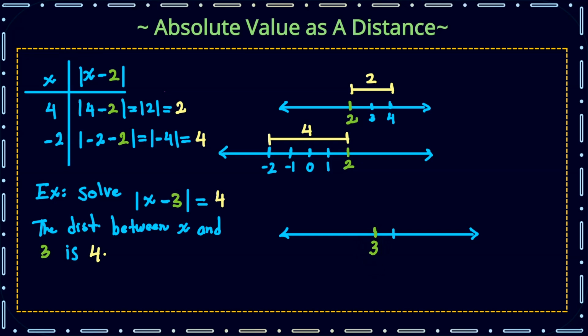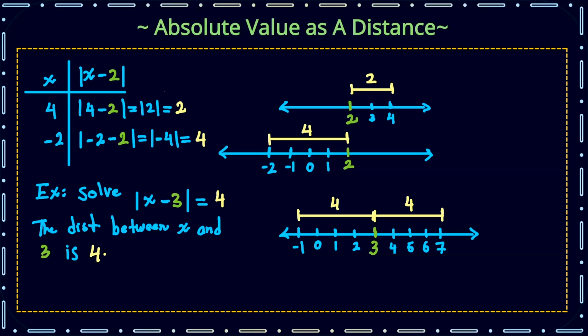Let's do that. 1, 2, 3, 4 to the right. That gives you 7 as one of the numbers. We've gone over by 4. And we're going to go to the left by 4. 1, 2, 3, 4. That would be 2, 1, 0, -1. That has been obtained by going back 4 units. So we have our x's.